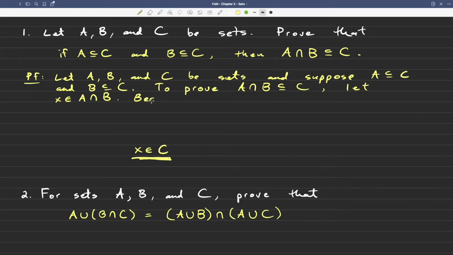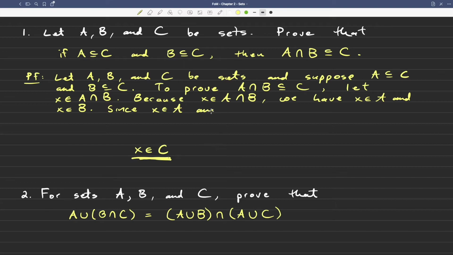Now, because x is in the intersection of A and B, we have, by the definition of intersection, x is in A and x is in B. Since x is in A, and we happen to know by hypothesis that A is contained in C, then we obtain x has to be in C, right?